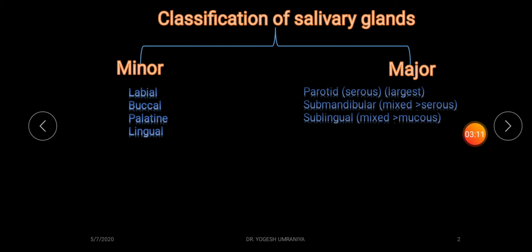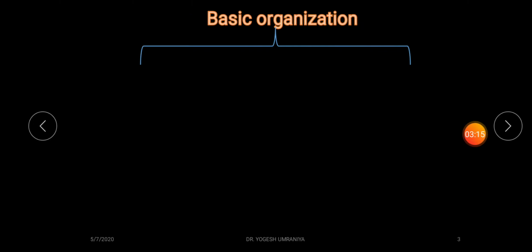In the next slide we will see the basic organization of the salivary gland. Now in any salivary gland, the outermost region is covered with a connective tissue capsule, and from that capsule there is emergence of various septa that travel towards the central substance of the gland and ultimately divide the whole gland into various lobes.